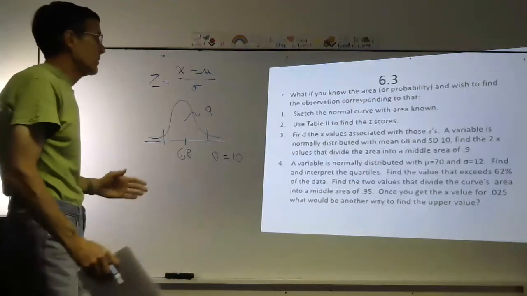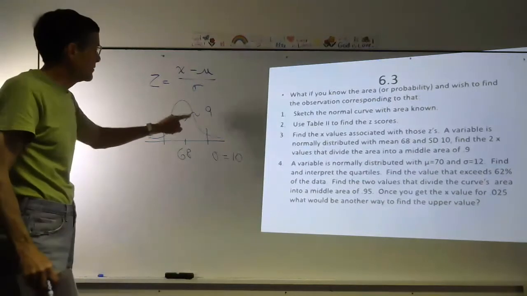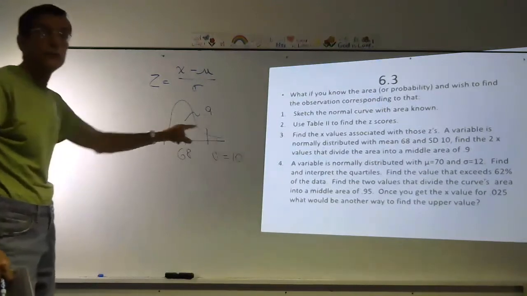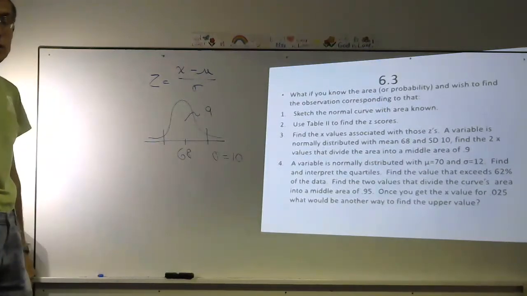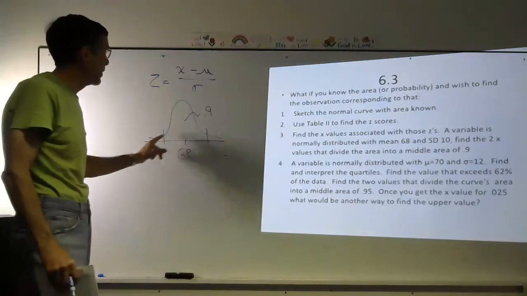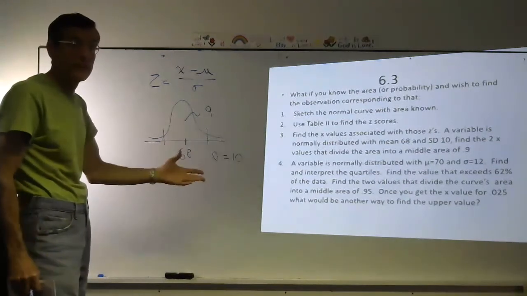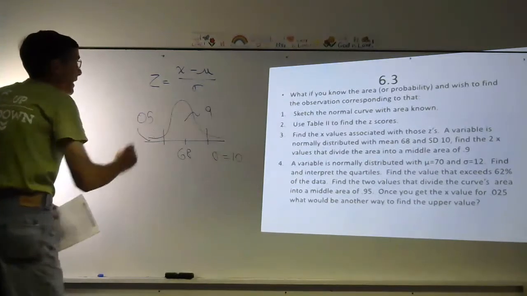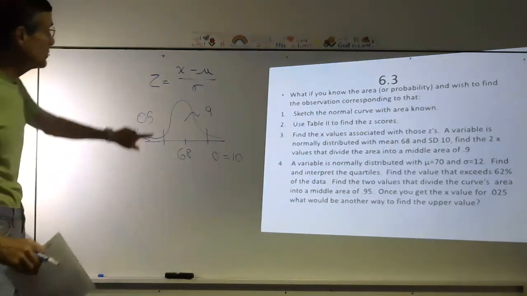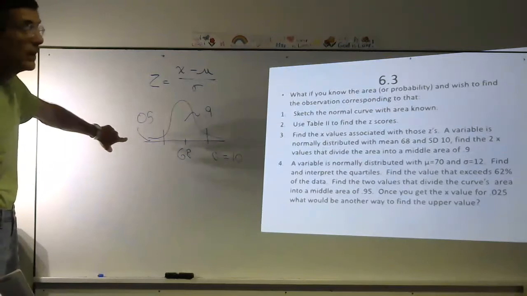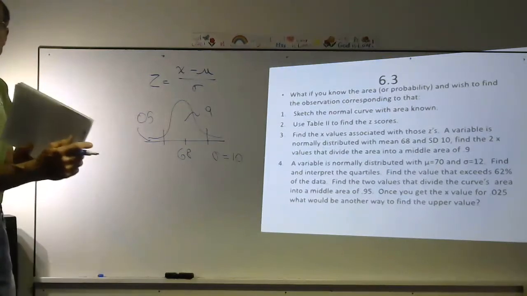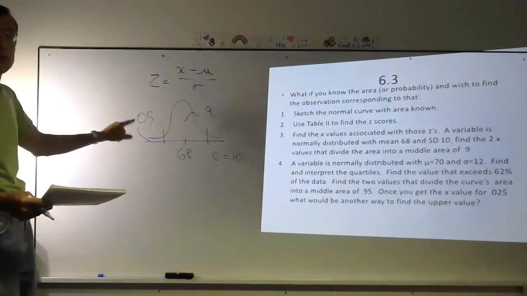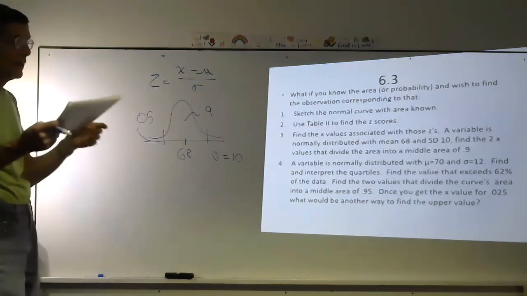All right, so let's work it out. If this is 90% in here, isn't there 10% left over on either side? So to find the percentage on one side, you'd cut the 10 in half. So this area right here is 0.05. And why did I choose this one, 0.05? Because the chart always gives you the area to the left. Let's do a reverse lookup on 0.05.